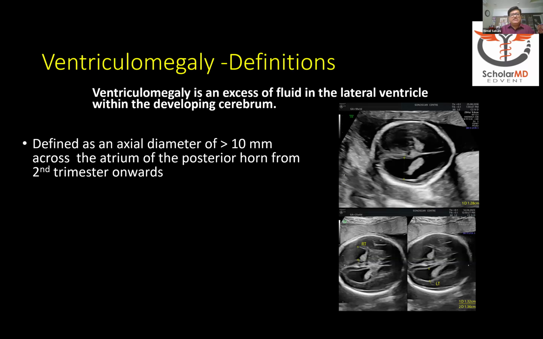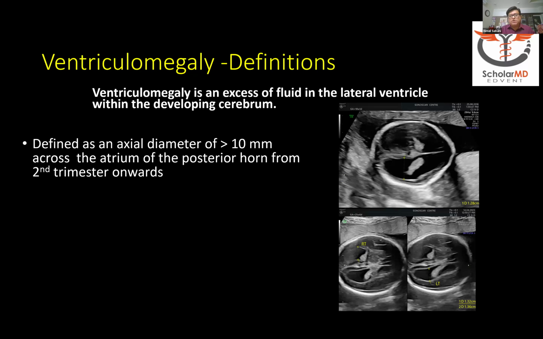By definition, ventriculomegaly is an excess amount of fluid in the lateral ventricle within the developing cerebrum. We know there is normally also fluid in the lateral ventricle, but whenever this is excess, we say this is ventriculomegaly. And when do we call it excess? When the atrial width in the axial plane is more than or equal to 10 millimeter across the atrium of the posterior horn from second trimester onwards, we label it as ventriculomegaly.